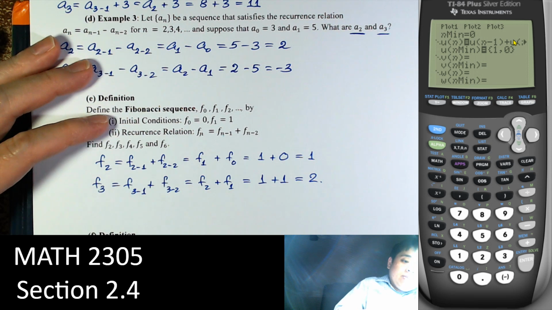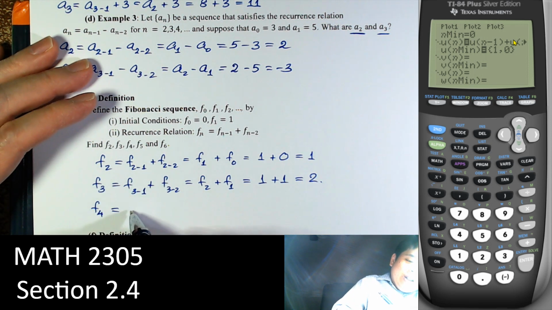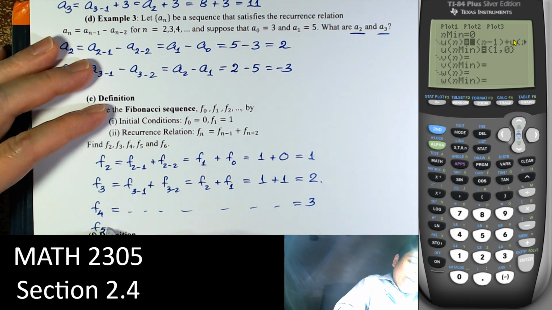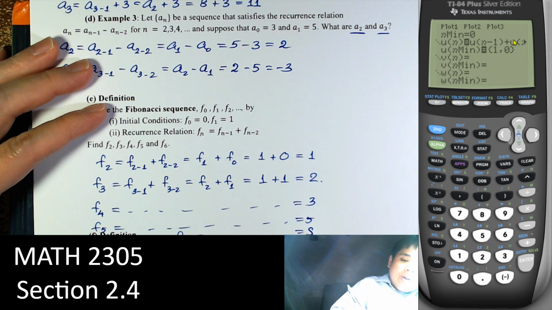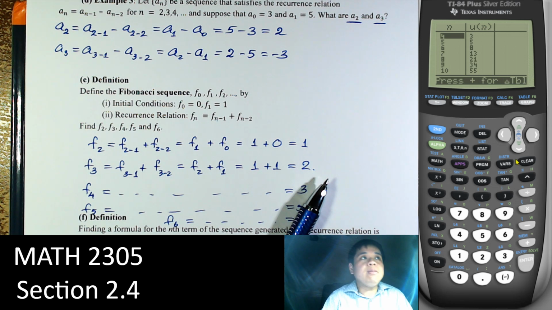Right, and then 4. Now we just add the previous 2. So 3 and 5, add the previous 2, and f of 6, add the previous 2, so it's 8. Of course, we confirm that with the calculator. Right, that's good.